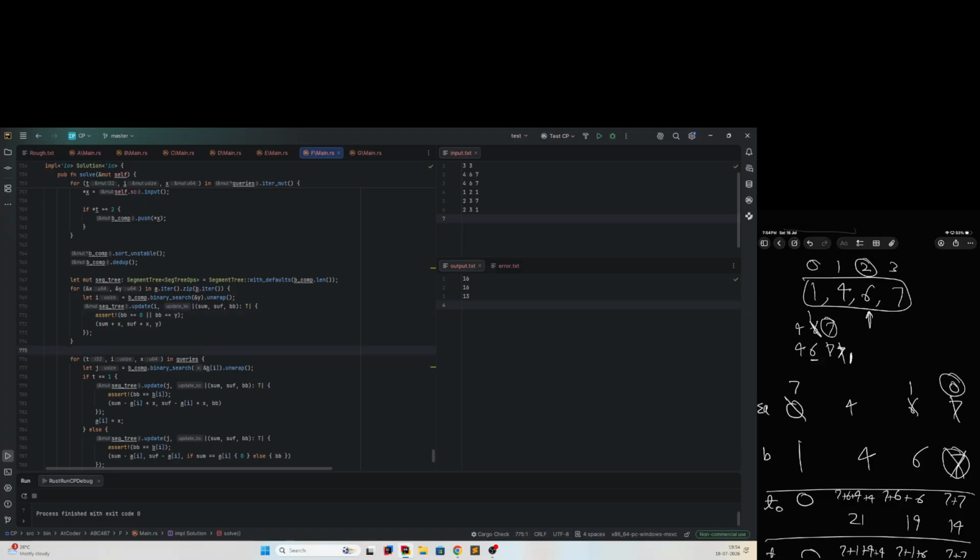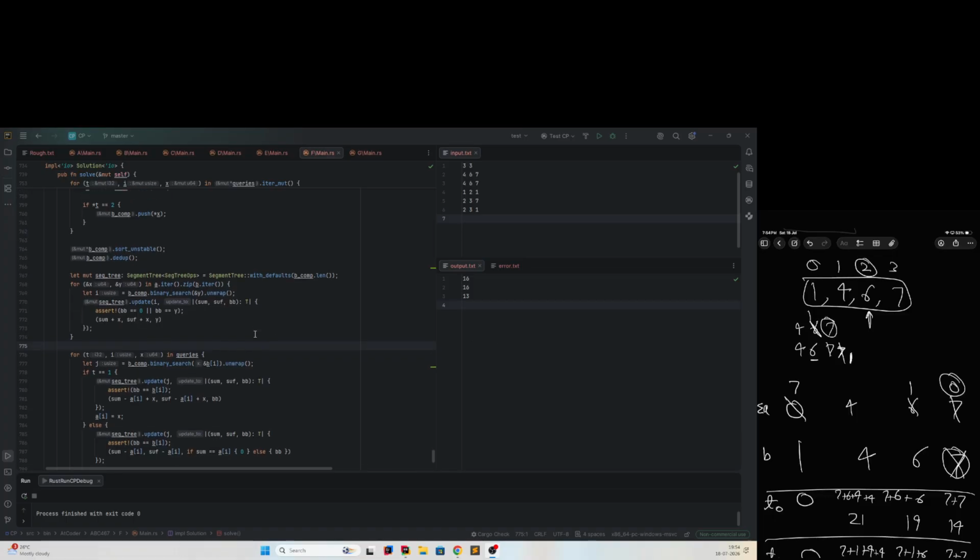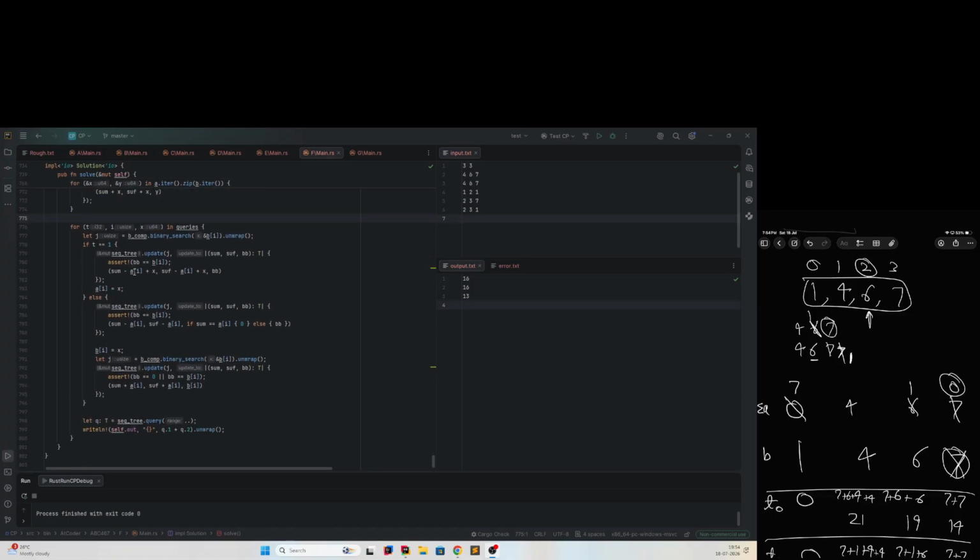And then we process the queries. Now in processing of queries, if we are updating ai, then we just need to update the value. So if at index i we are going to update ai with x, I just take the sum and do sum minus ai plus x.